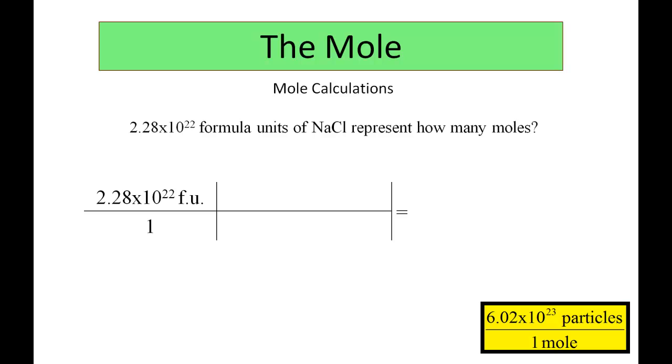So you'll notice that the particles are FU, so I'm going to put those on the bottom. There are 6.02 times 10 to the 23rd formula units per mole of sodium chloride. So when we take this, we're going to divide 2.28 times 10 to the 22nd by 6.02 times 10 to the 23rd, and that represents 0.0379 moles of sodium chloride.